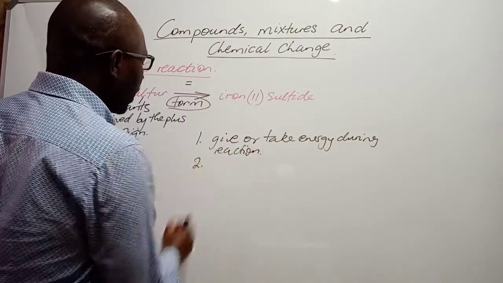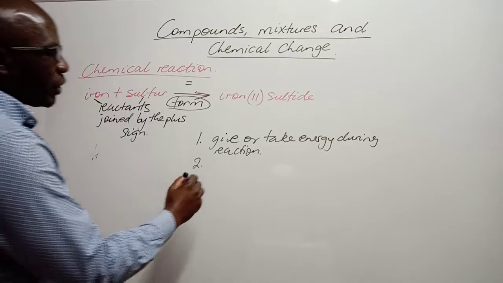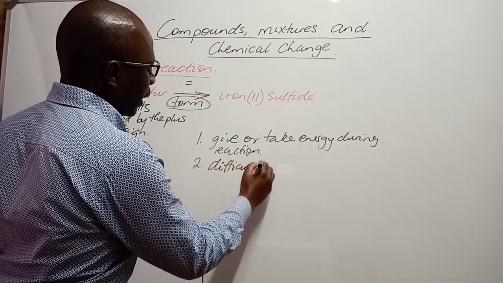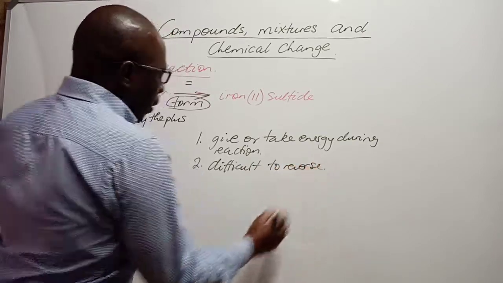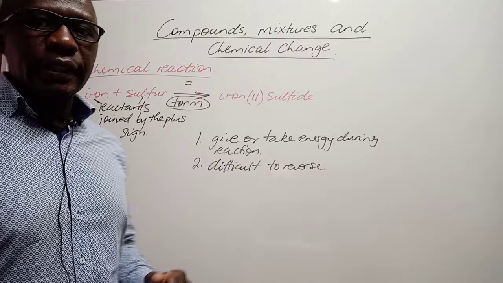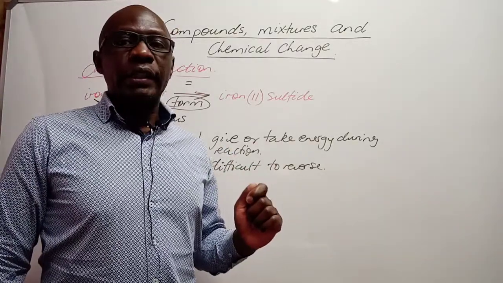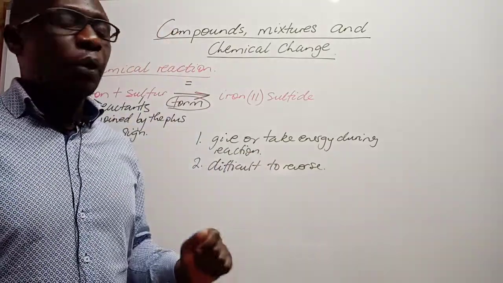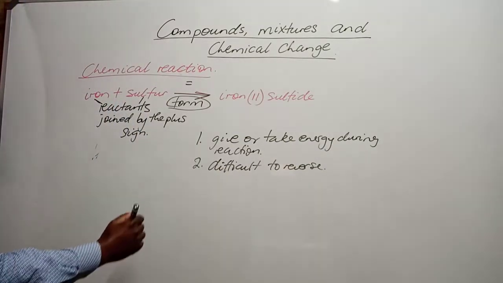The second thing about a chemical reaction is that it is difficult to change. It is difficult to reverse. This does not mean though that it's impossible to reverse a chemical reaction. It is just difficult to reverse, but there is a possibility of reversing the reaction.